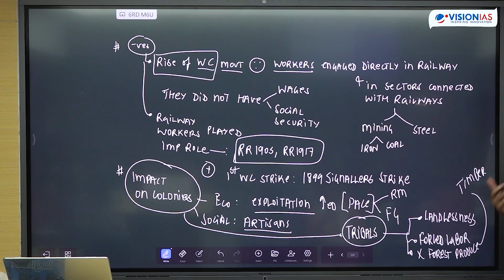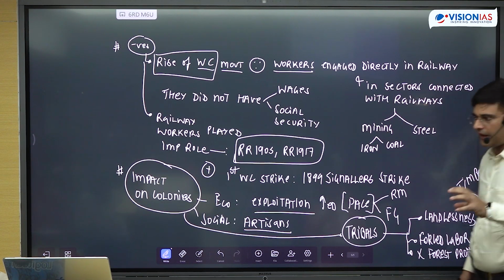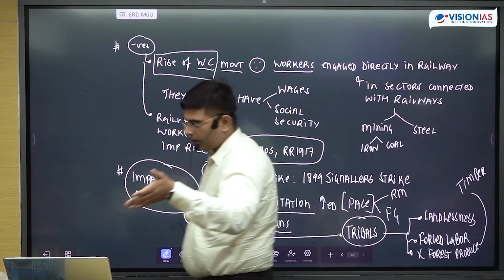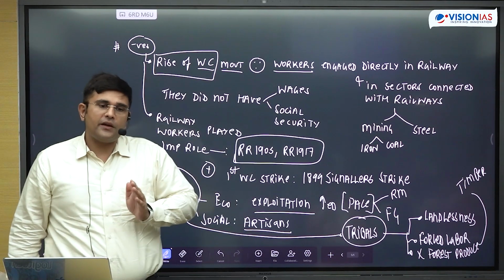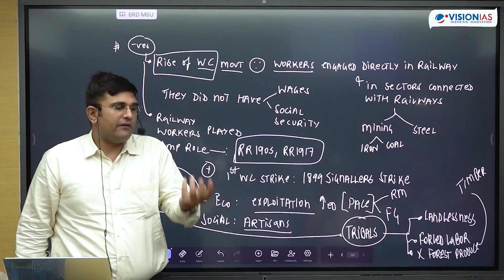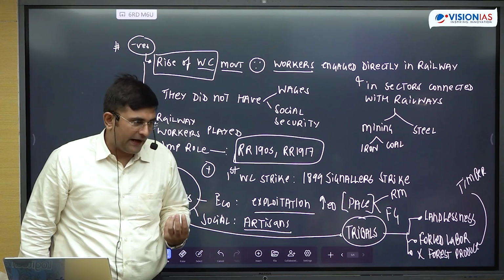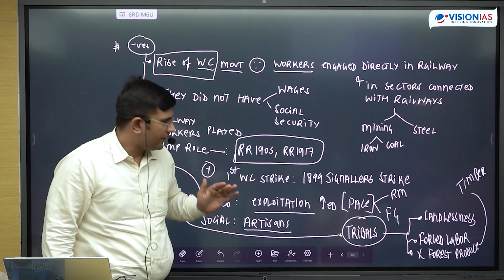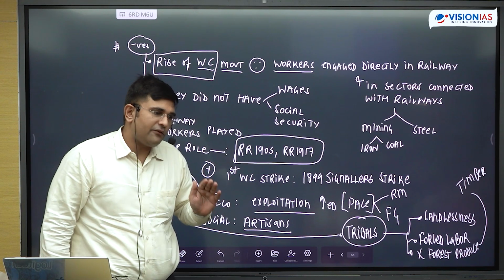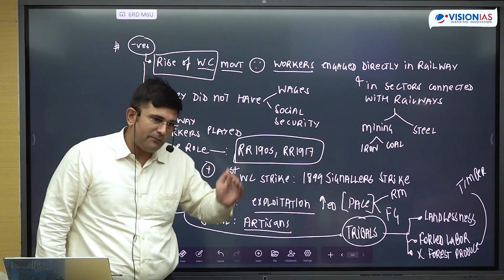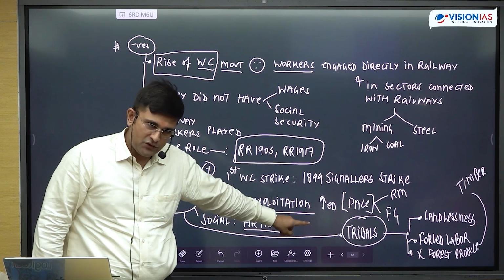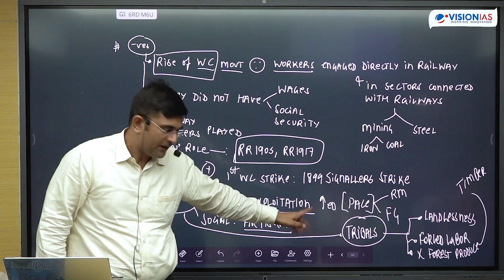Because, for example, in the case of India or in the case of the US also, when the railways expanded, land acquisition was done. And therefore, be it the tribes of India or the tribes of North America, they lost their lands and witnessed lack of land rights. Plus, in many cases, these tribes were made to do forced labor on these railway projects. Social exploitation is taking place.